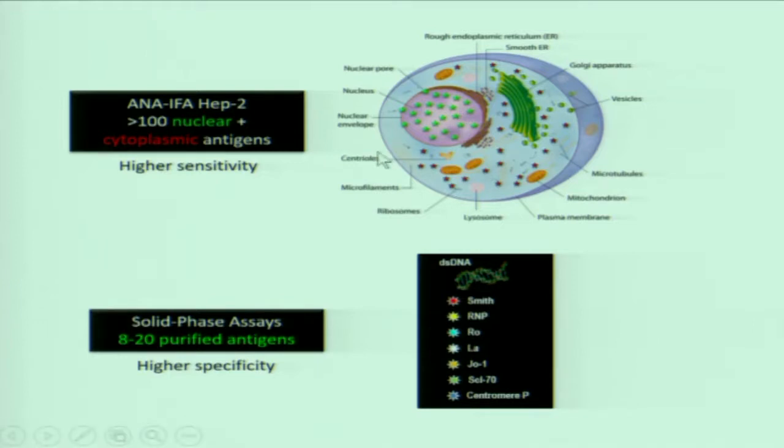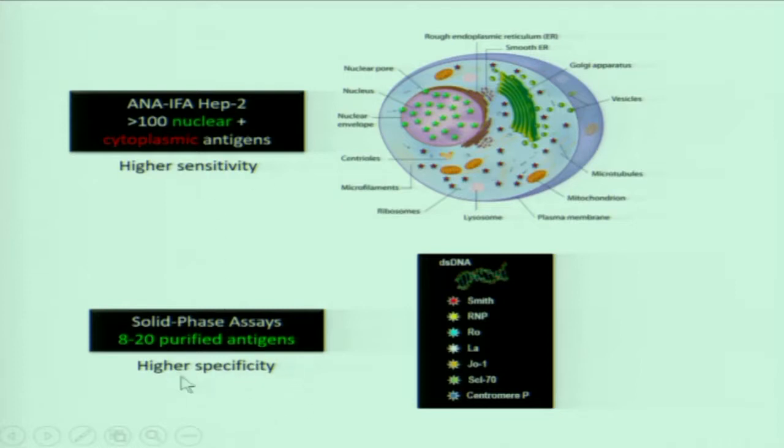And of course, that also tells you that it depends on the disease, because if you are testing for Sjogren's, for instance, and the anti-Ro SSA antibody is present in all the solid phase assays, then for Sjogren's, probably it's going to be pretty good. It's going to be pretty sensitive, right? So it depends on the disease, and you need to know what disease you are testing for and what test the lab is going to give you, okay?